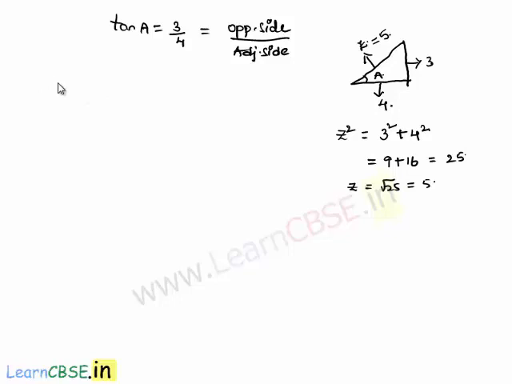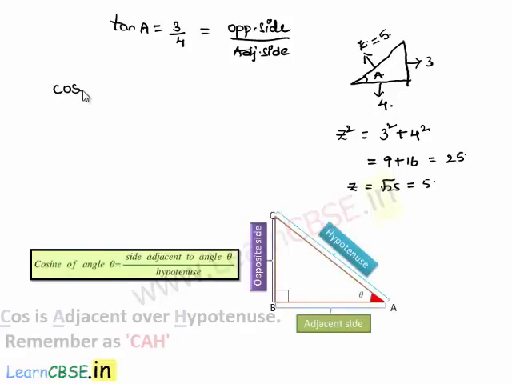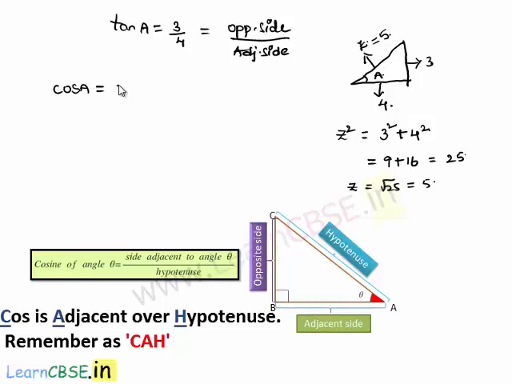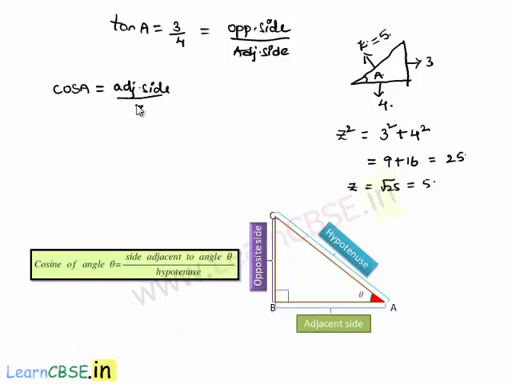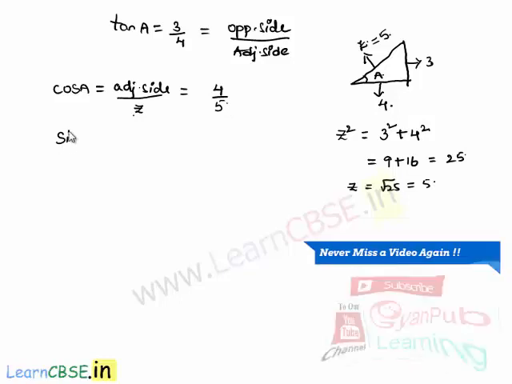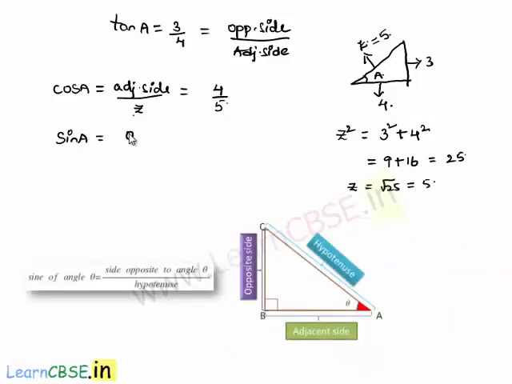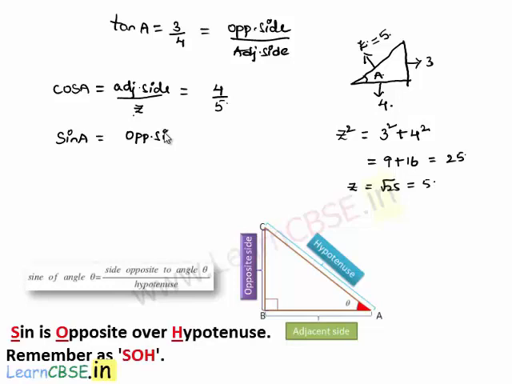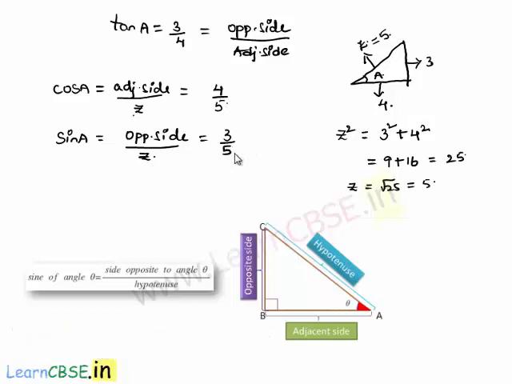Now we get cos A is equal to adjacent side by hypotenuse, that is 4 by 5, and we also get the value of sin A as opposite side by hypotenuse, which is equal to 3 by 5.